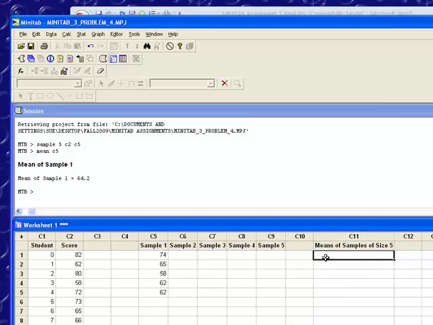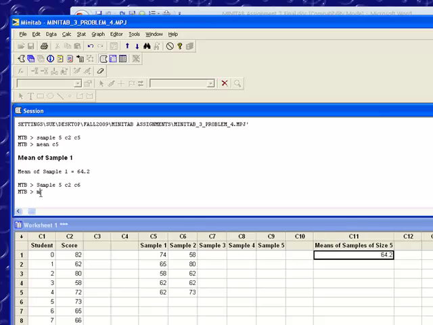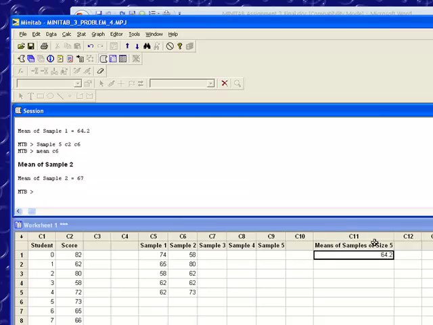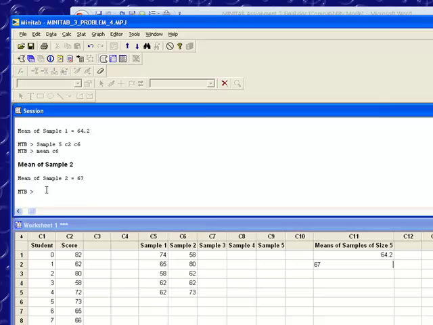So this first one, the mean is 64.2. Then I'll do my next sample of size 5 taken from C2, and I'm going to put it into C6 this time. Then I want to get the mean of C6, and I take that mean and put it right into my column here. And I'm going to do that 5 times.